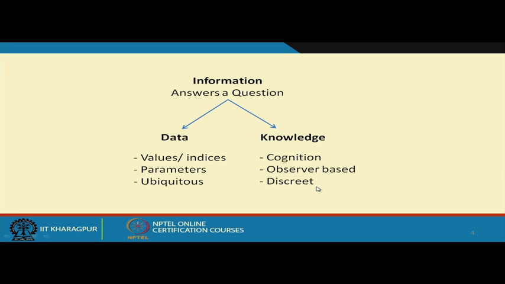So one part is the cognition. Cognition, as we discussed in the last lecture, and recognition relate to the learning process of a particular individual. So knowledge is also dependent on the learning capacity, the learning capability, the exposure to various information and data, exposure to various experiences, exposure to different situations and aspects.